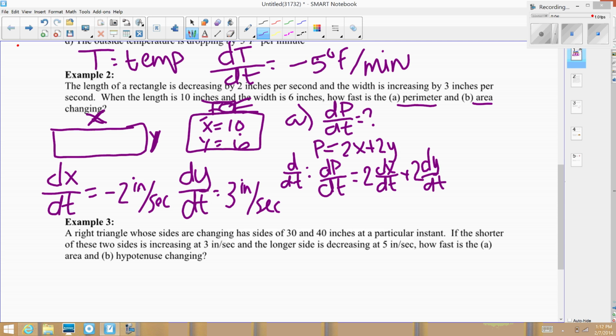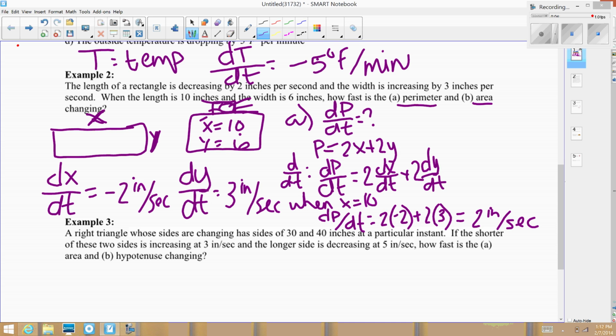So we could say when x equals 10, you could add when y is 6, you don't have to. So when x is 10, dP/dt equals 2 times, well, dx/dt is negative 2, plus 2 times 3. So dP/dt is 2 inches per second.